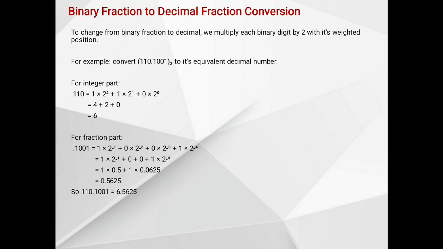Then 0 into 2 to the power minus 2, then 0 into 2 to the power minus 3. When you add that up, you get the value 0.5625. This requires a little bit of maths. You add those two values, and then you get 6.5625.